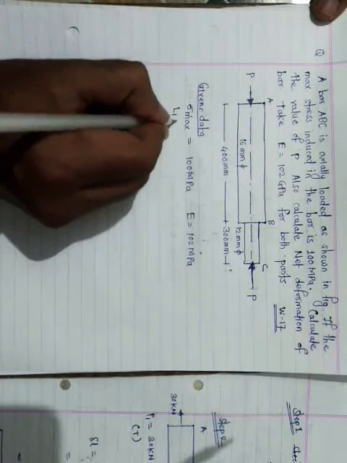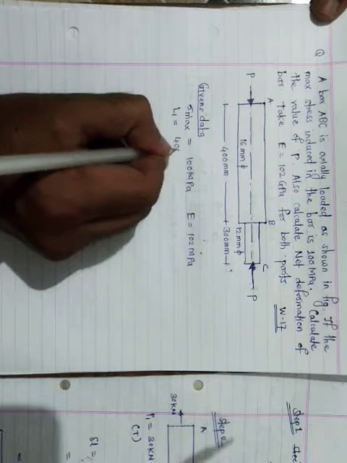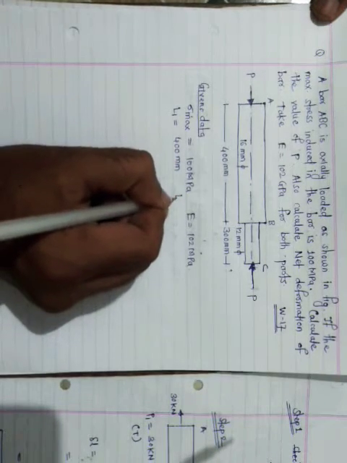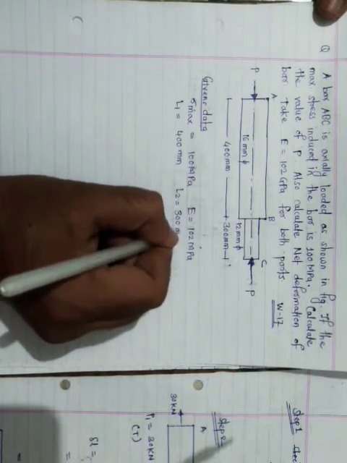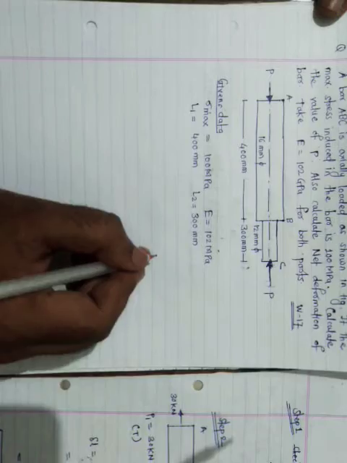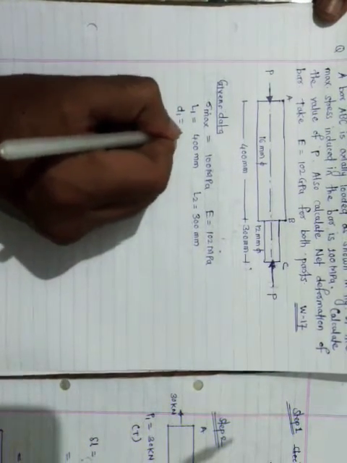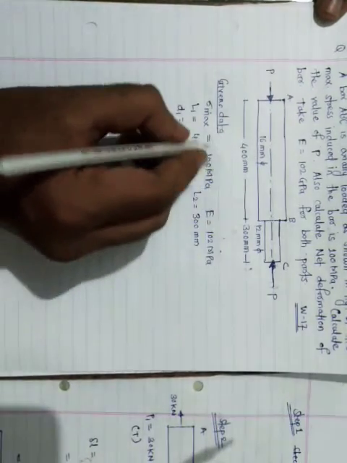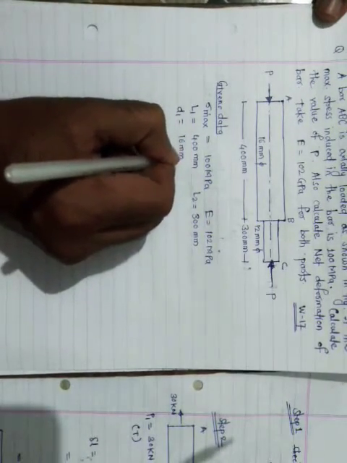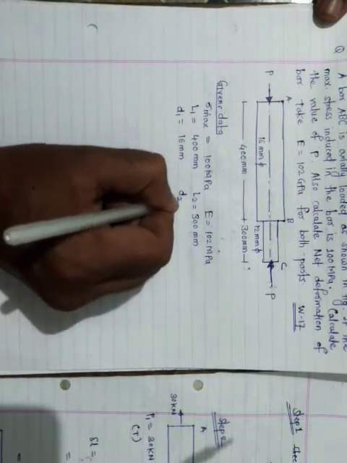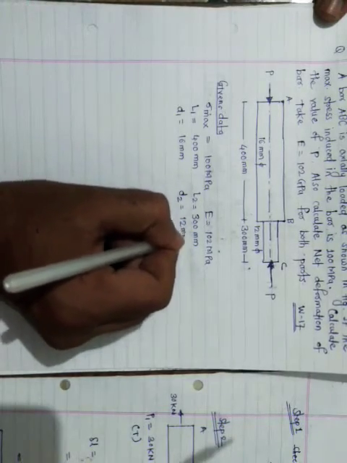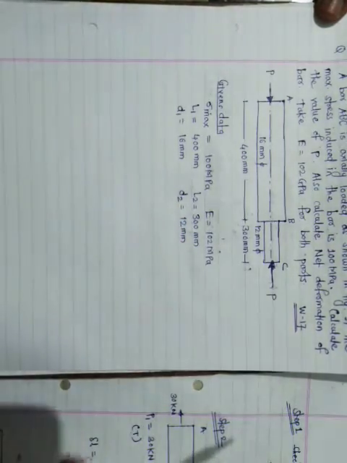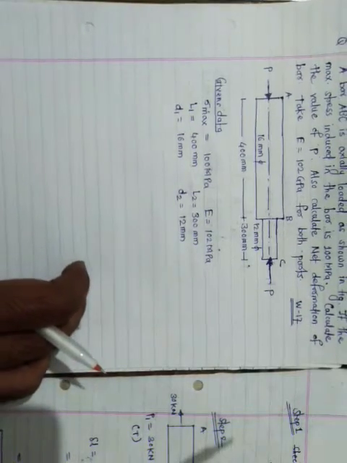The length of part AB is 400 mm, taken as L1, and the length of part BC is 300 mm, taken as L2. The diameter of bar AB is 16 mm, taken as D1, and the diameter of part BC is 12 mm, taken as D2. From these diameters we can calculate the areas of bars AB and BC.